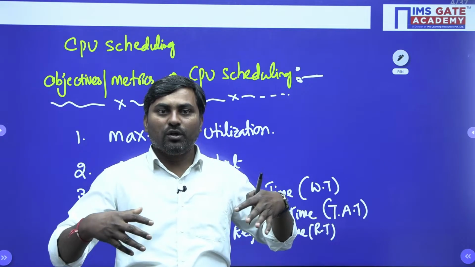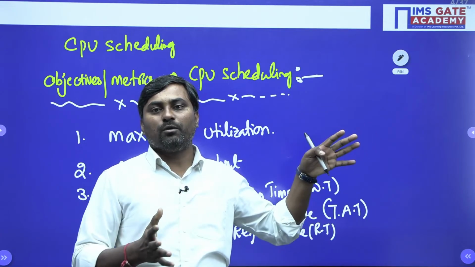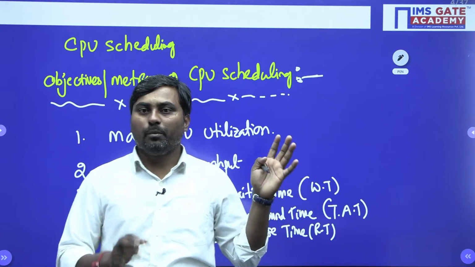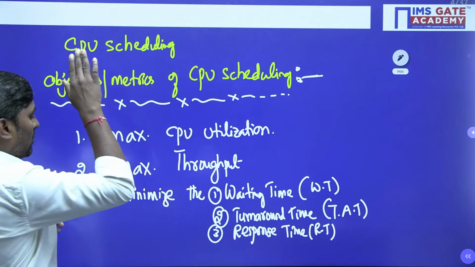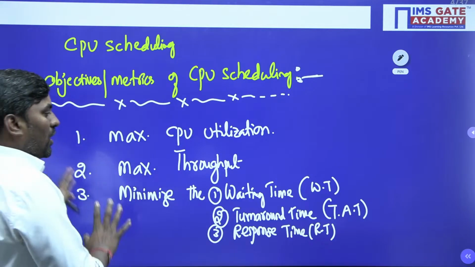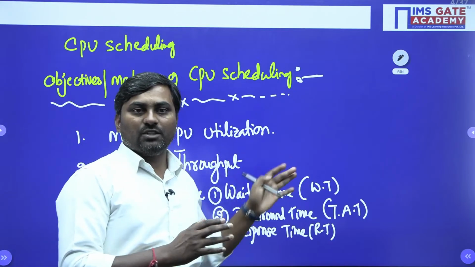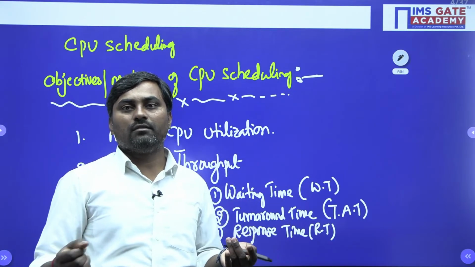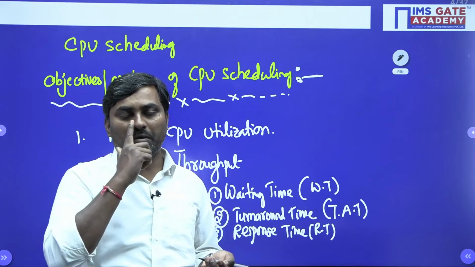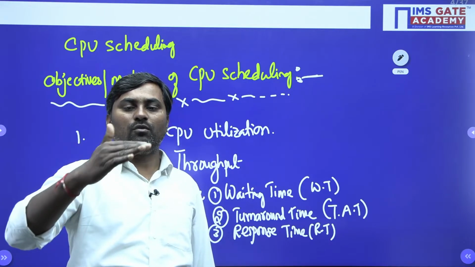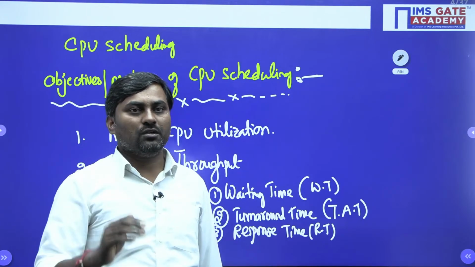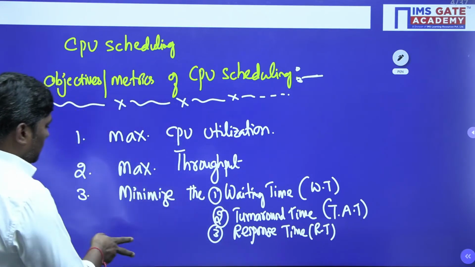And we put some objectives or metrics on those scheduling policies: maximizing CPU utilization and throughput, and minimizing time. Whichever algorithms satisfy our requirement, we can declare suitable for implementation. Also it will vary from environment to environment, application to application. So further we can discuss.